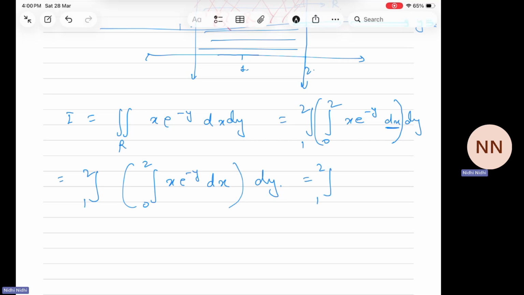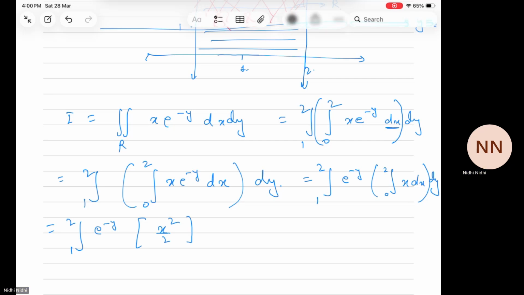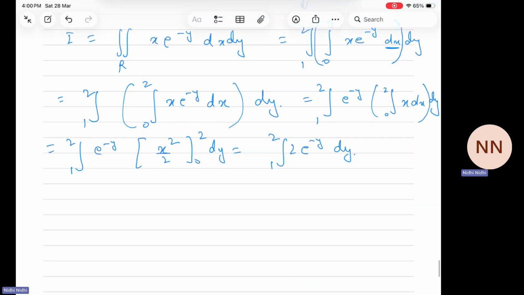This will be the integral from 1 to 2 of e to the power minus y, times the integral from 0 to 2 of x dx, dy. What is the integral of x? x square by 2, from 0 to 2. After putting the limits, it will be 4 by 2, that means just 2, dy.